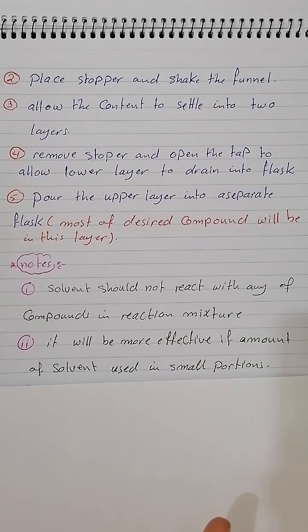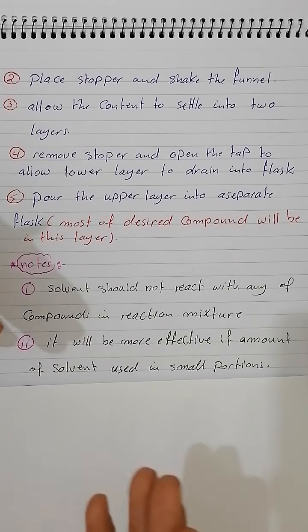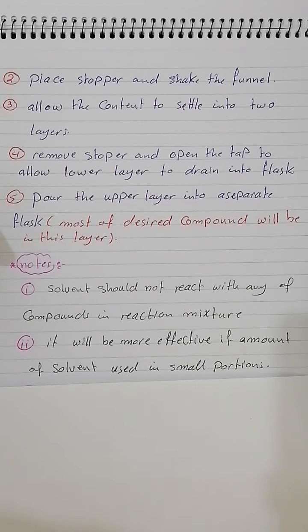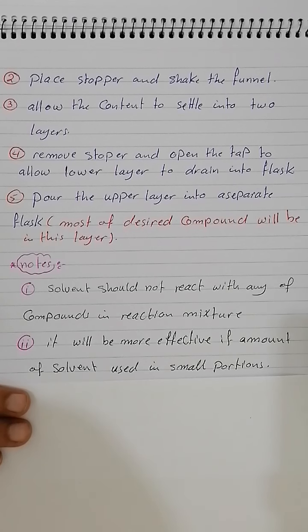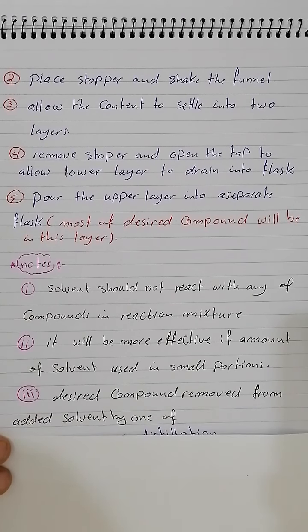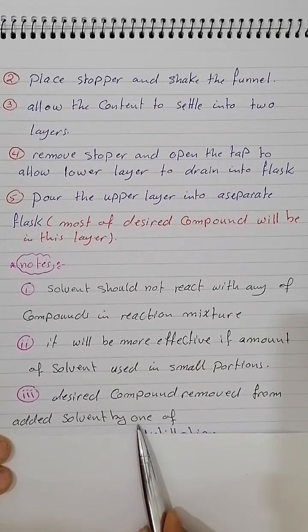For example, if we add 100 cubic centimeters of solvent one time, it will not be as effective as if we add 25, shake, make the separation, then add another 25, shake, make the separation, then a third 25. If we divide the solvent amount into portions and repeat, it will give me better results.